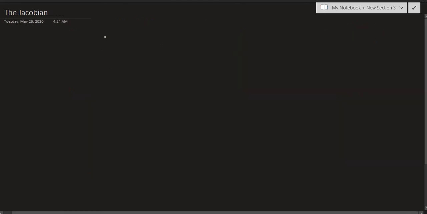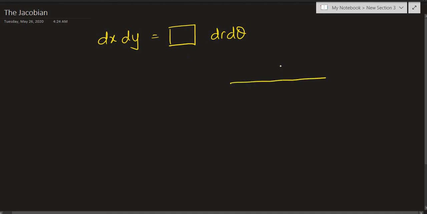Now one challenge is, when you're converting from Cartesian to polar, dx dy is equal to some correction factor times dr d theta. Because if you are converting from one coordinate system to another, there is some scaling up and scaling down. So if this is the x-axis, dx is some infinitesimal part of this x-axis.